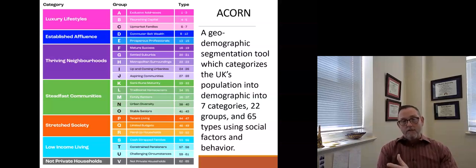It's primarily housing driven, but you have 22 different groups with different types, they call them, in each of the groups, so 65 different types. Each one is defined by a profile and kind of what they do. I don't have any further details about that, but just know that similar to Prism and Esri, Acorn is going to deliver the same type of thing.